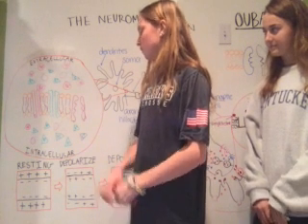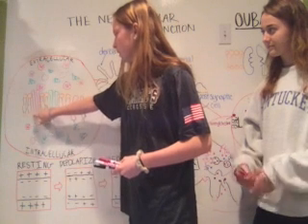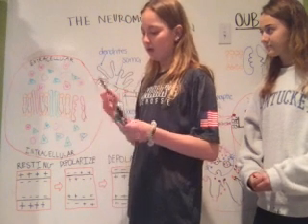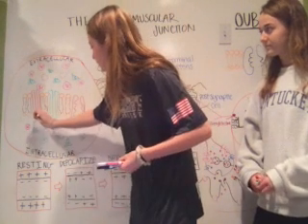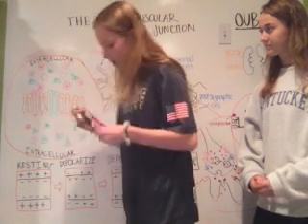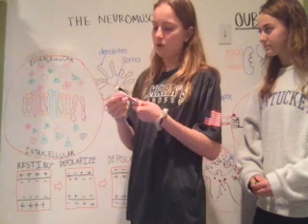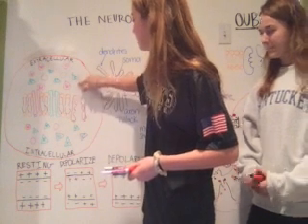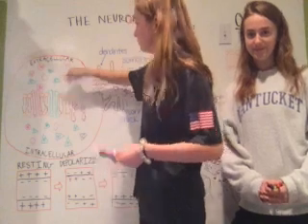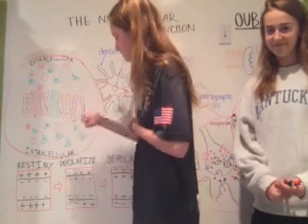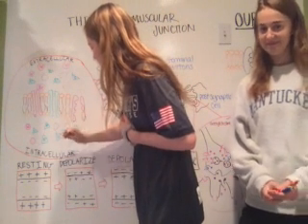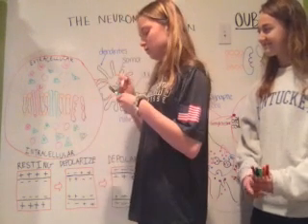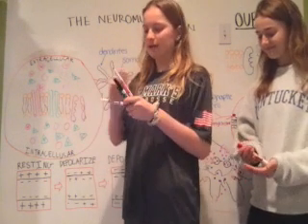All right, so over here we have a ligand-gated sodium ion channel, and when a ligand attaches to it, it catalyzes the opening of the gate, allowing a rush of sodium ions to flow into the cell. So, through facilitated diffusion, sodium ions flow into the inside of the cell.